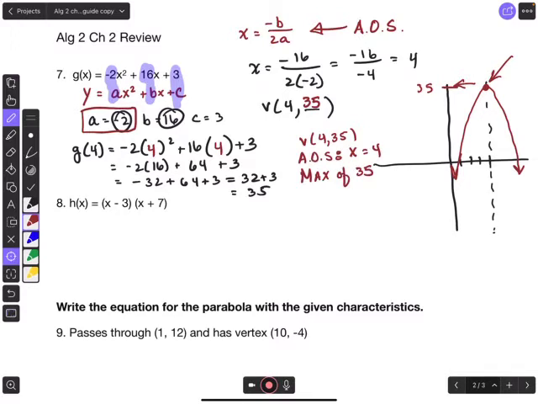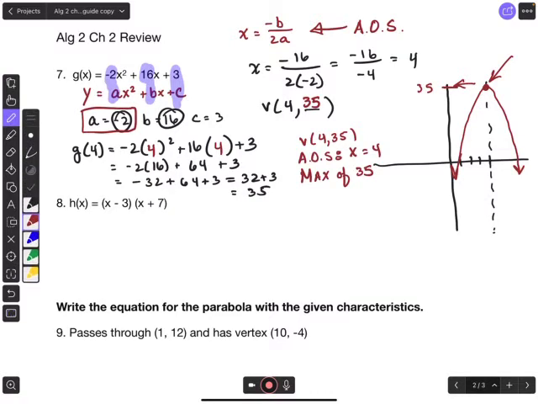Increasing, decreasing. Let's read from left to right. As I come in and start working the graph, see how it gets higher and higher and higher until I reach 35 for the maximum value. Right when x is equal to 4 here, then I start to come back down. So I'm increasing until x is 4, and then once x equals 4, I start to decrease.